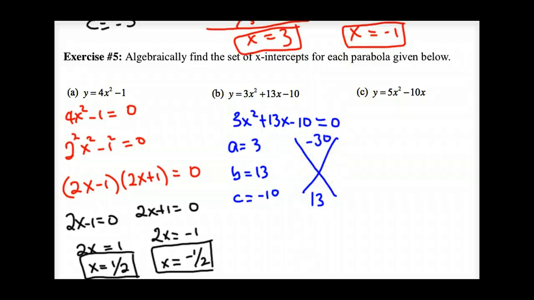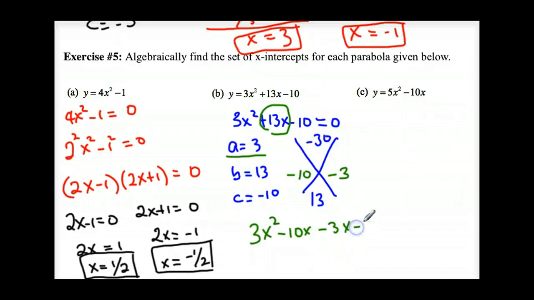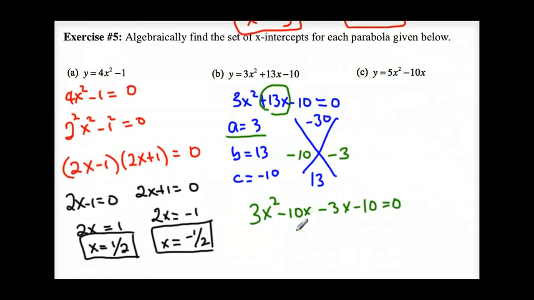These numbers are -10 and -3. But be careful here, a is equal to 3, so I will have to replace my b term, which is this 13x. So I have 3x squared minus 10x minus 3x minus 10 equals 0.